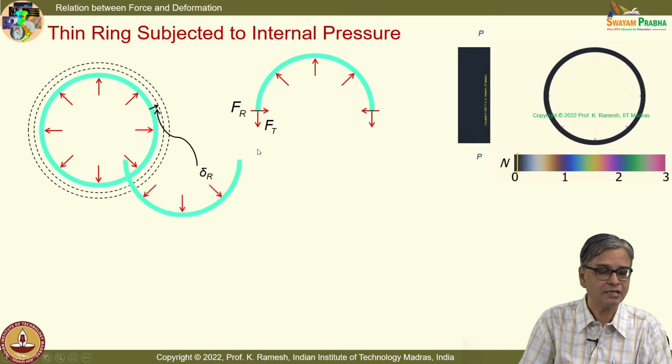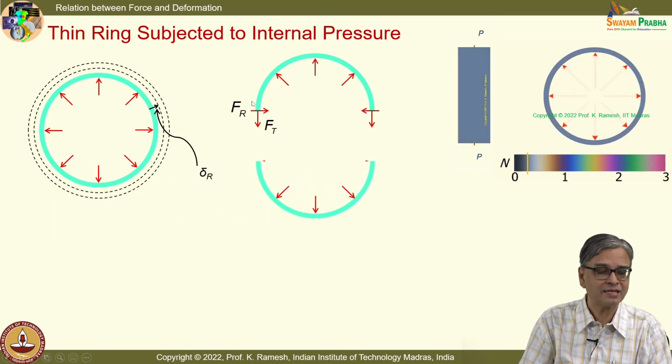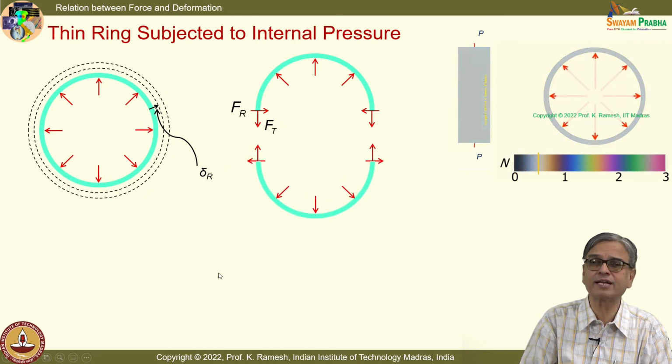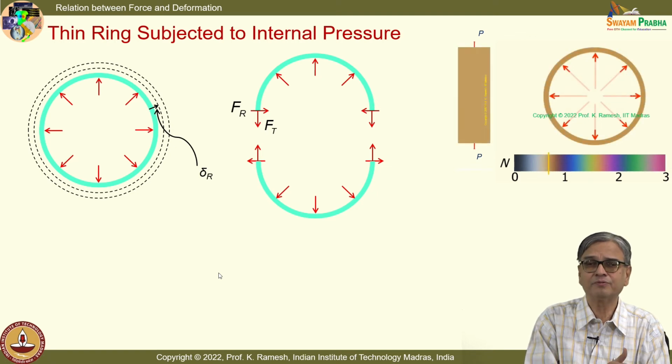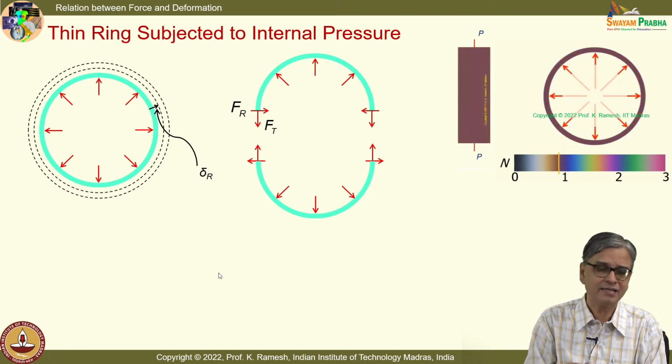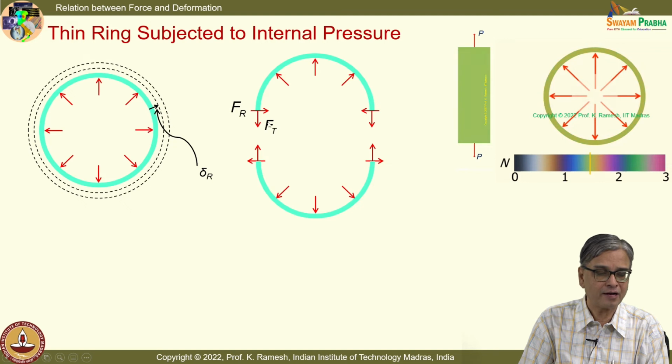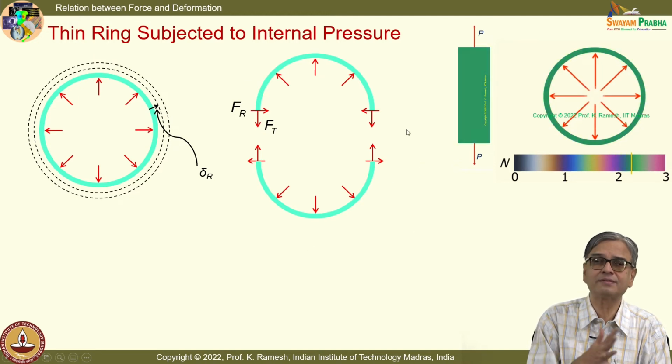So, I have shown that in general, I can have a force and a moment and all that. Now, for simplicity, I am considering only two forces. One is F T and another one is F R. Fine. And we have been talking about symmetry.